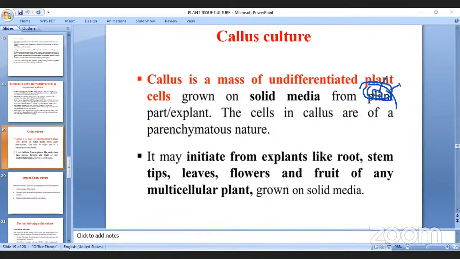Right. Droplet culture. In this culture, the protoplast is suspended in liquid culture medium placed on the petri dish in the form of droplets. In the culture, protoplasts clump together at the center of the droplets. Simple. What happened here? In suspension, protoplast in liquid culture, you do not take a solid like agar.